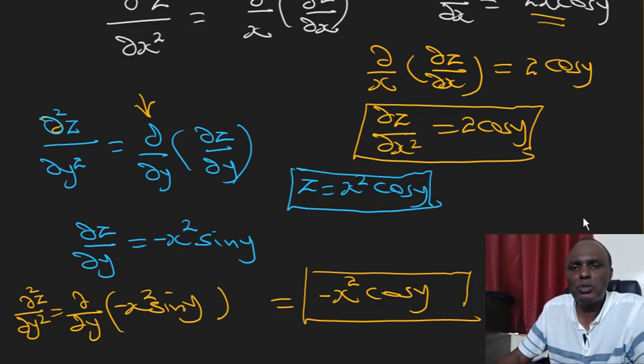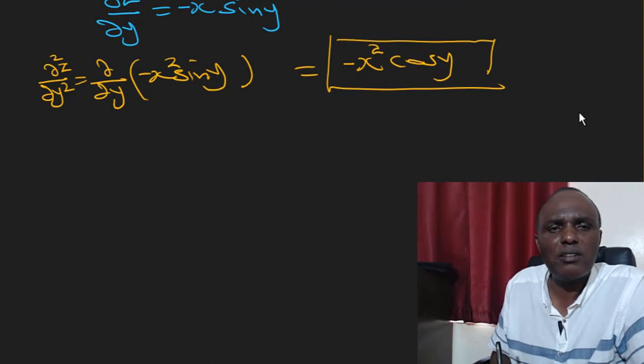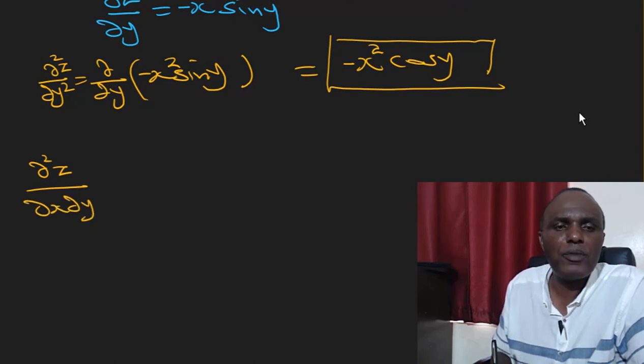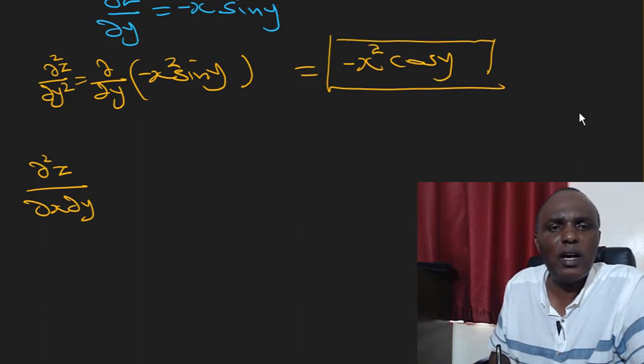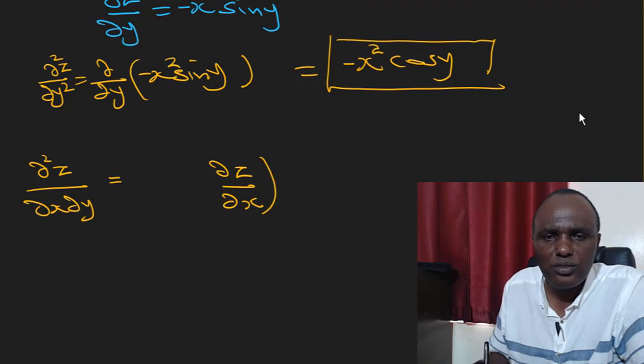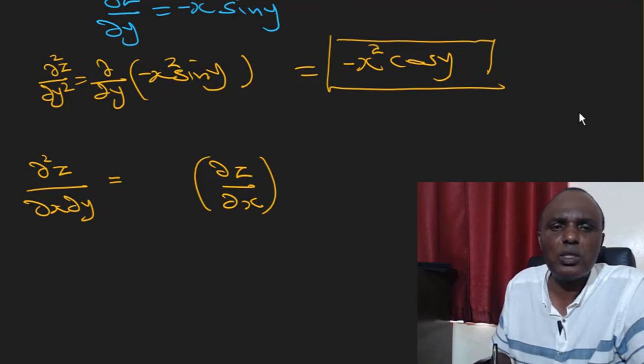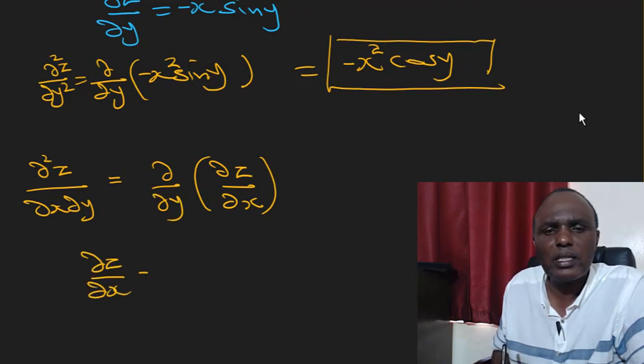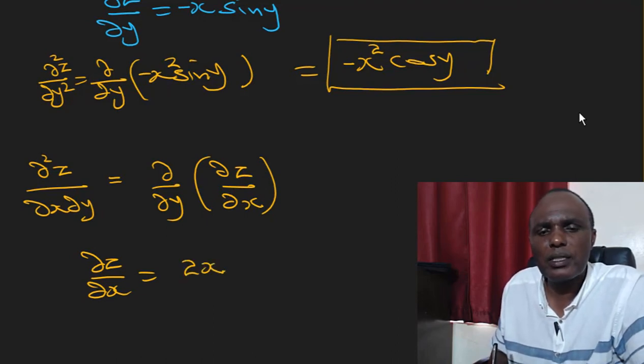Now we go to the other part. We want to get the second derivative ∂ squared z over ∂x∂y. How? We are supposed to get ∂z over ∂x, that is the first derivative, then we differentiate it with respect to y, that is ∂ over ∂y. ∂z over ∂x is equal to 2x cos y. Already we know that.